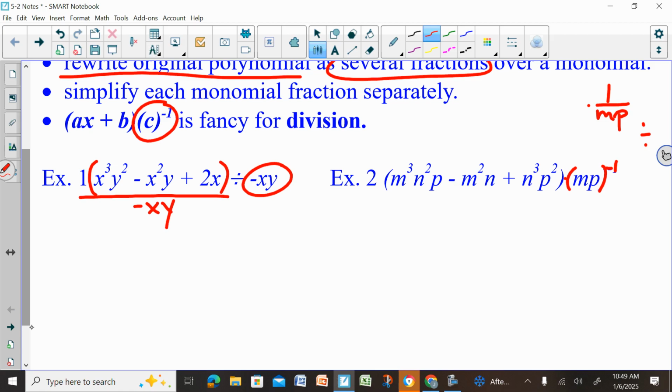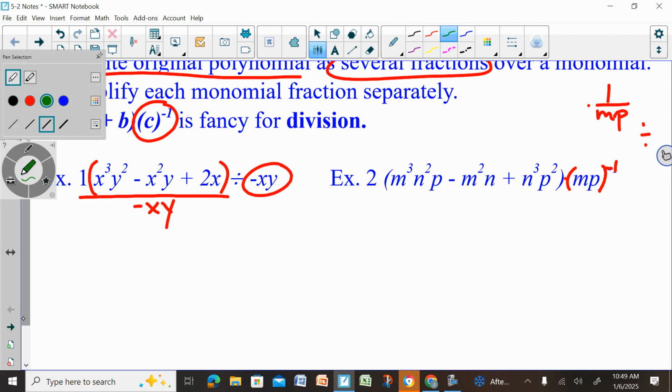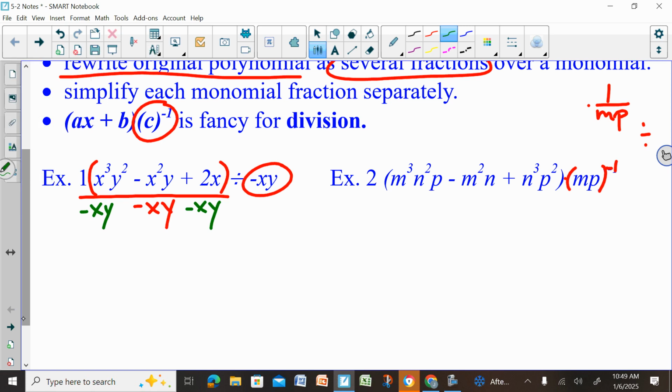They're just saying, yeah, I am dividing that whole trinomial by this one monomial. But if you try to show your work that way, you're going to fall into some errors. So what I really strongly suggest, we can leave that one there, but then I also want you to put one underneath the first term and also under that third term. So we're actually dividing each term individually by that.